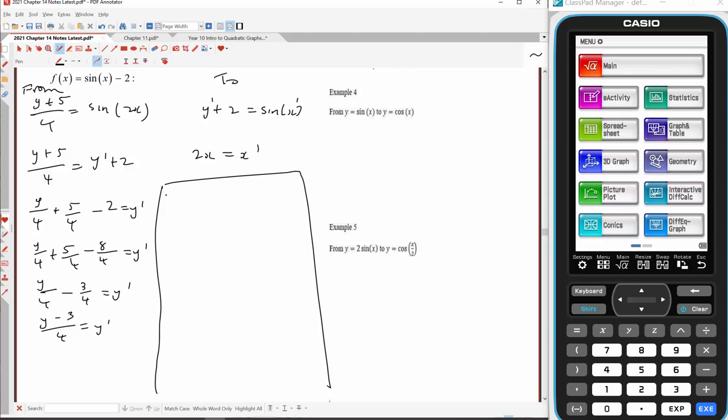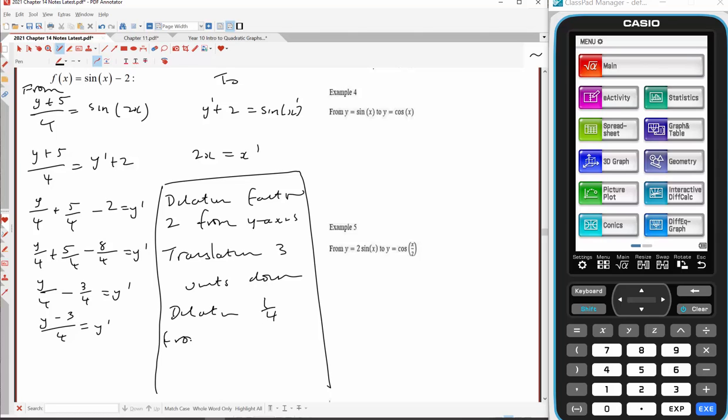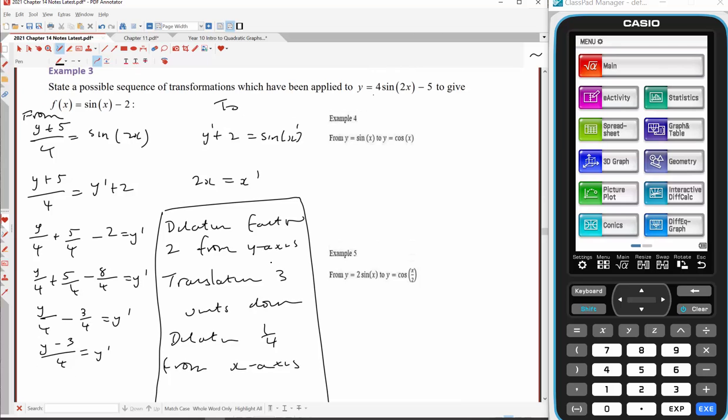So let's start with this, and we'll go, it is a dilation factor 2 from the y-axis, and this one here is a translation 3 units down, and it's also a dilation quarter from x-axis.